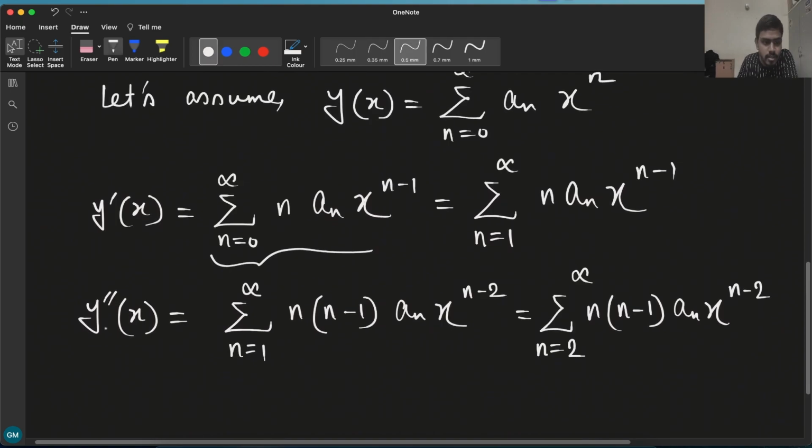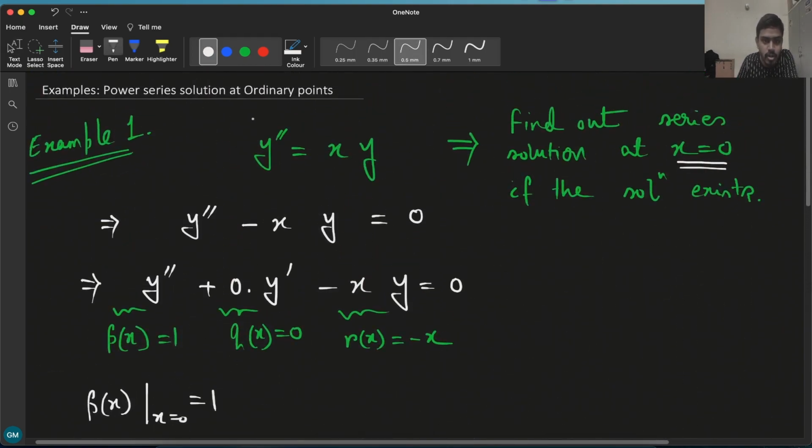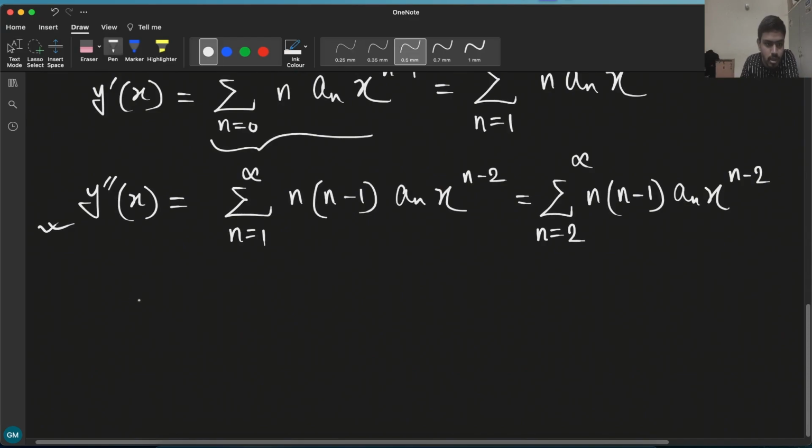And so this is the first term of the given differential equation. The other term is x times y. Let me take care of that term a little bit later.